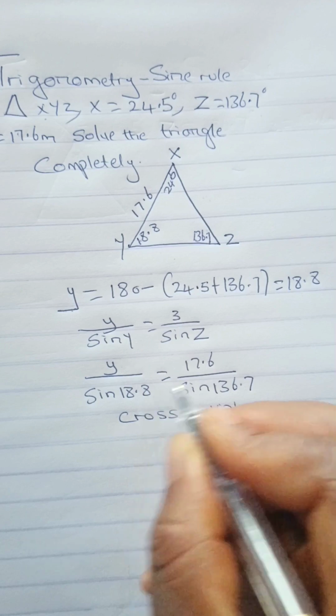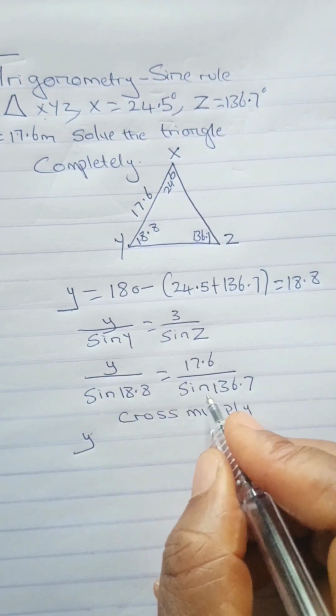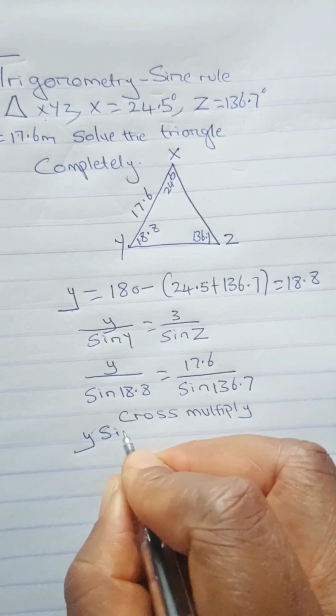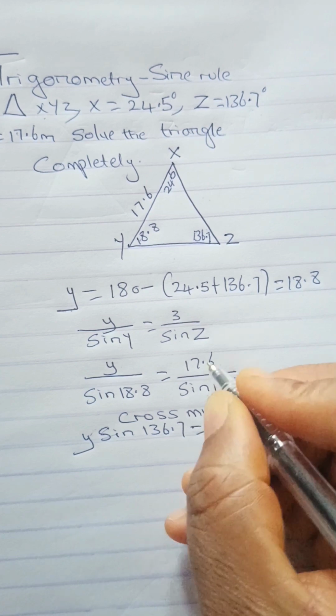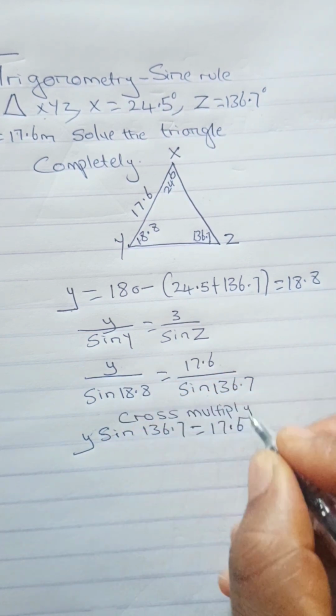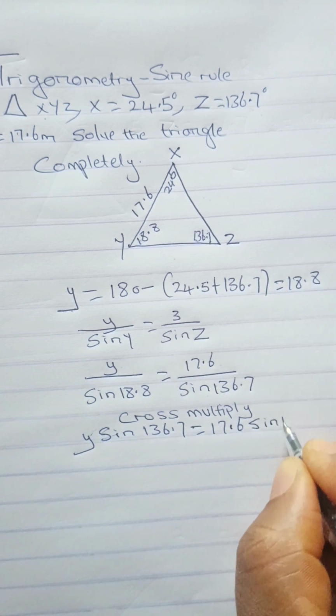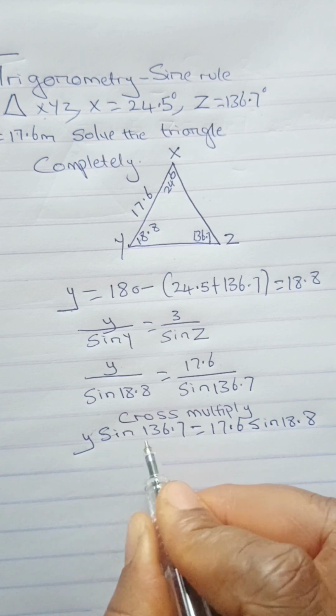So as usual, we cross multiply. This multiply this, and this multiply this. So when this multiplies this, we'll have y sine 136.7 equal to this multiply this, 17.6 sine 18.8. So now we want the y to stand alone so we can solve for it.